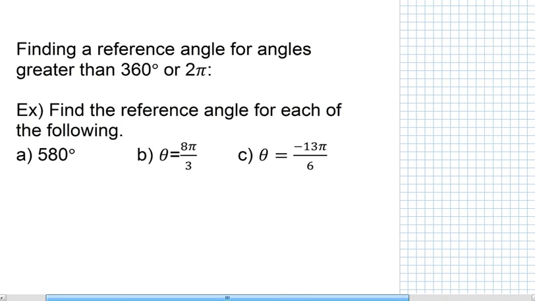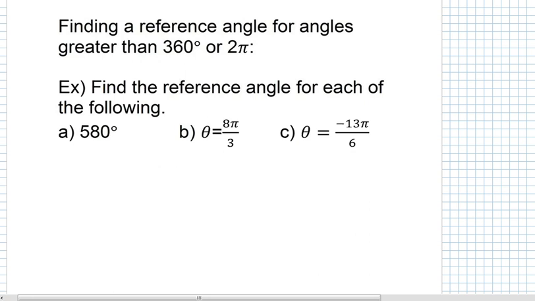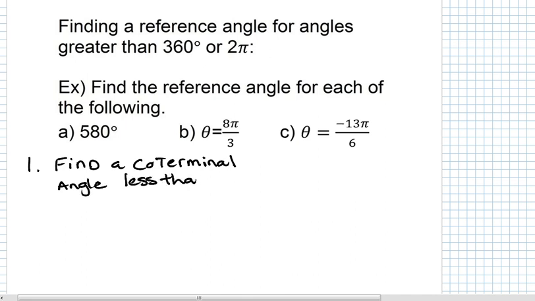So next, finding a reference angle for angles greater than 360 or 2 pi. Well, if I want to do like 580 degrees, what I would want to do is basically find a coterminal angle less than 360 or 2 pi.